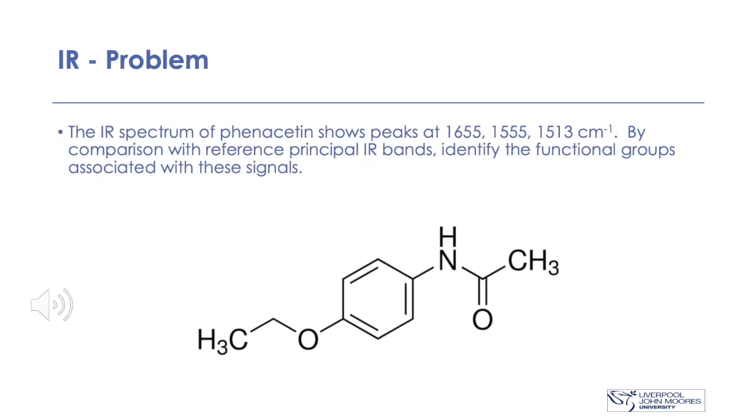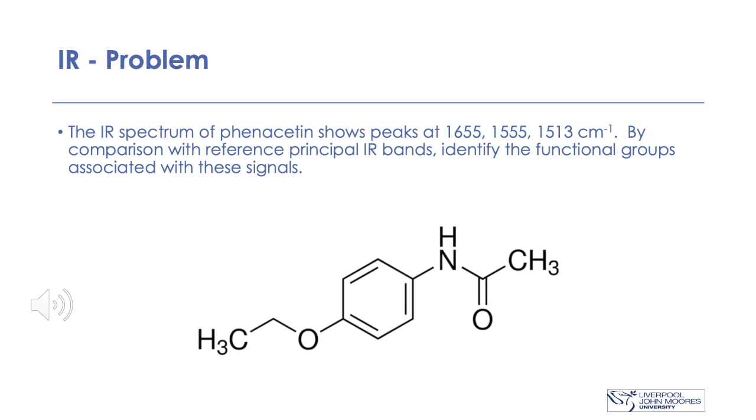Let's apply this to an example of phenacetin, which is a very similar molecule to paracetamol, which in our problem shows peaks at 1655, 1555, and 1513 centimeters to the minus 1.